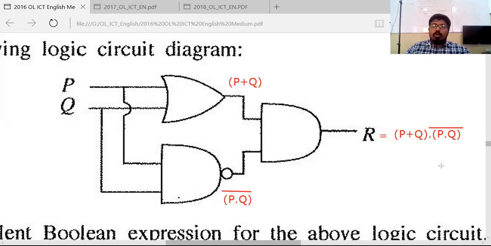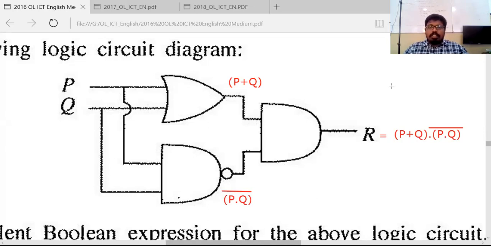So this is your output Boolean expression of 2016 paper, part 2, question number 1, part 2, Roman number 2. So that's the end of that question. Right? You can write these things. Write down the answer quickly. Right.